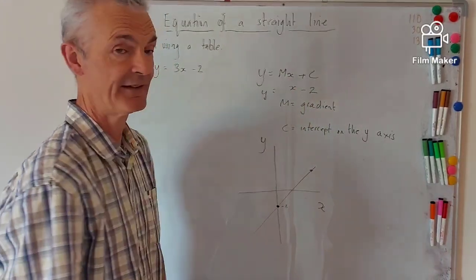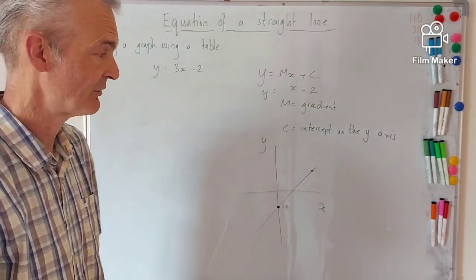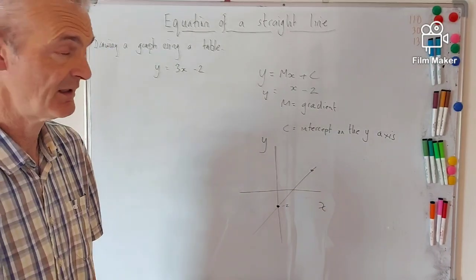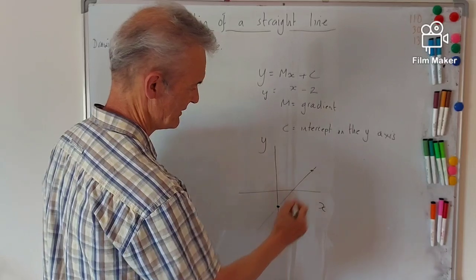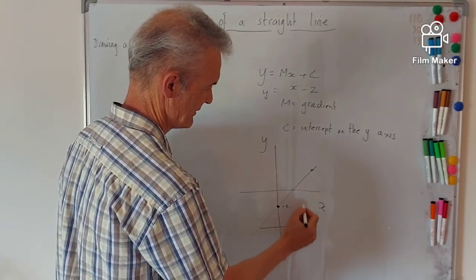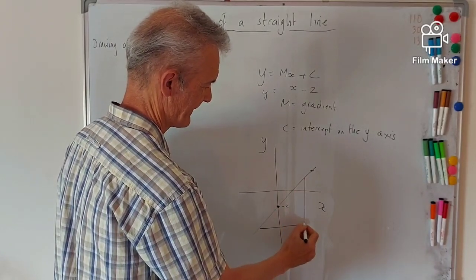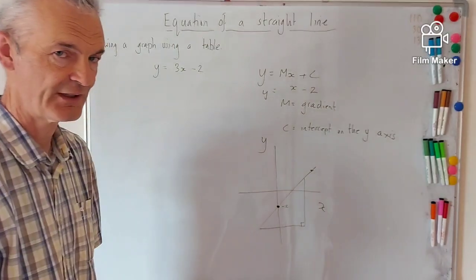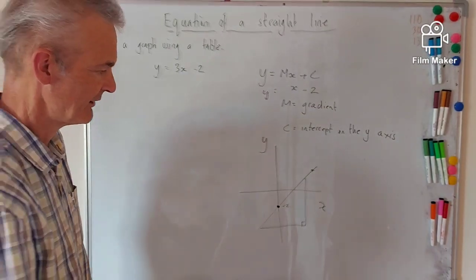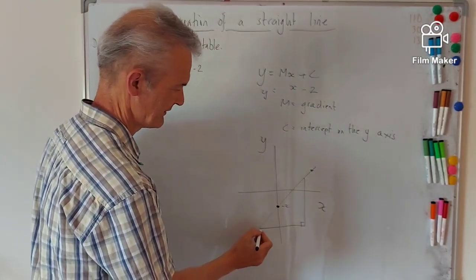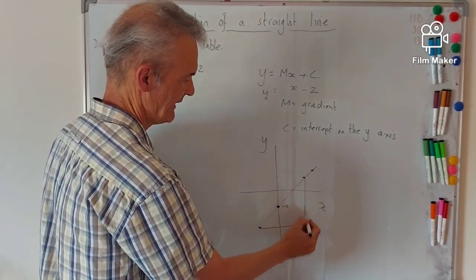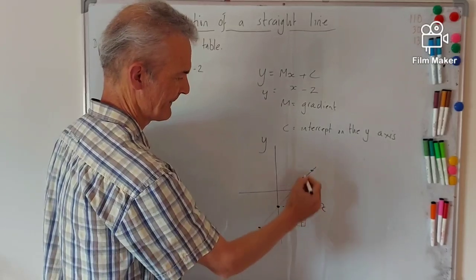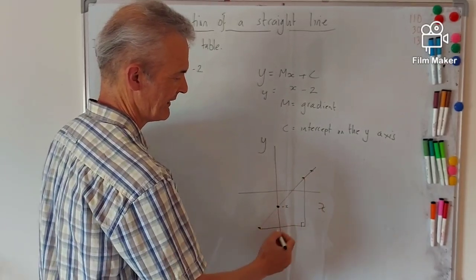But how do we get this m bit? The m bit is the gradient, it's the steepness of the line. And we get that by drawing a right angled triangle on our line, and we're going to look at the increase in y over the increase in x.